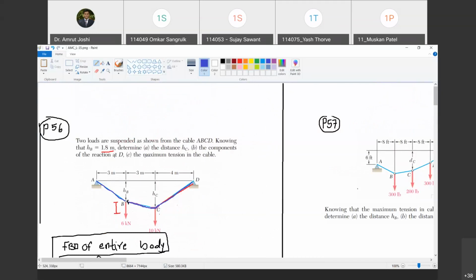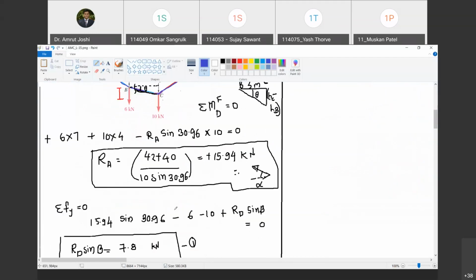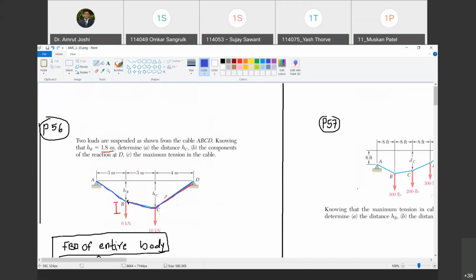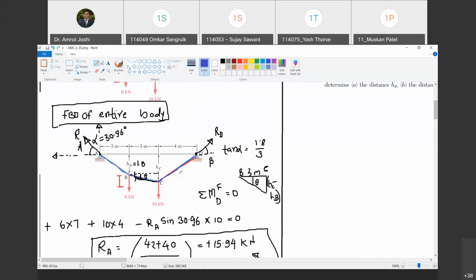What is the maximum tension in the cable? So for finding out maximum tension in the cable, we should be knowing tension in the part AB and tension in the part CD. But we already know the reactions at A and D. And mind you, these reactions along CD and along AB are themselves the values of tensions in strings AB and CD. Do you agree with me? Yes, sir.